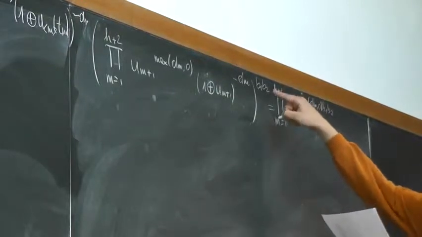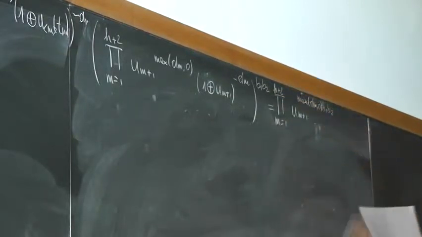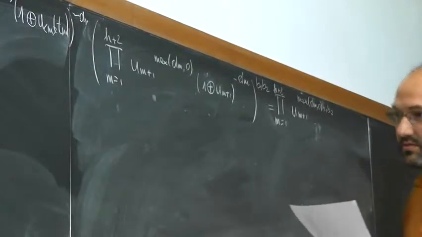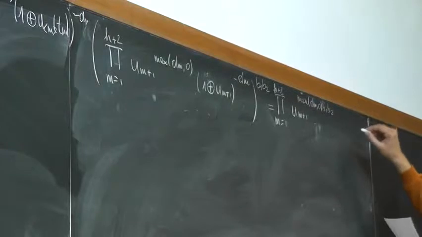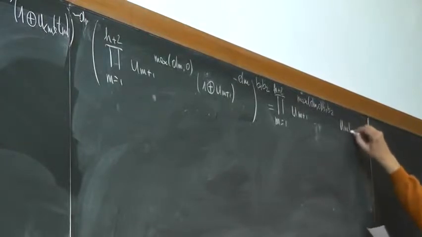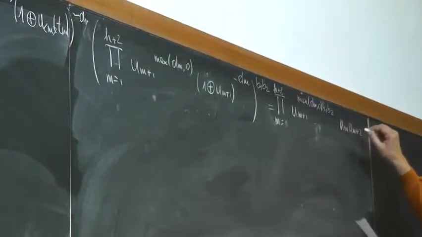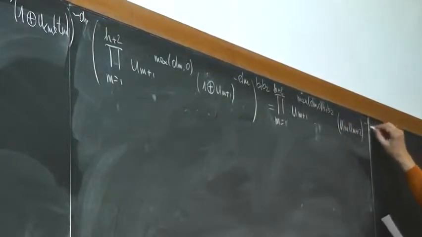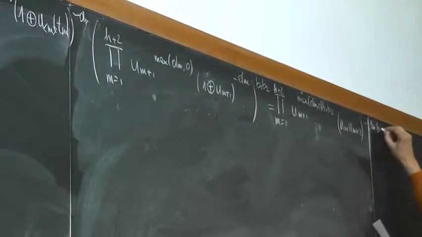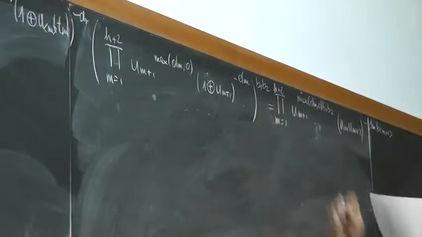So what remains is n plus 1. So this becomes un plus 2 to minus bn plus 1. Okay?